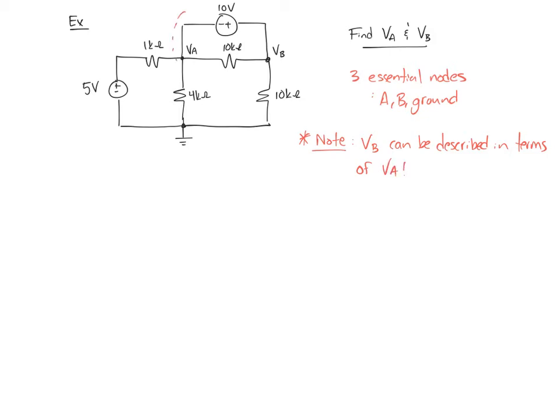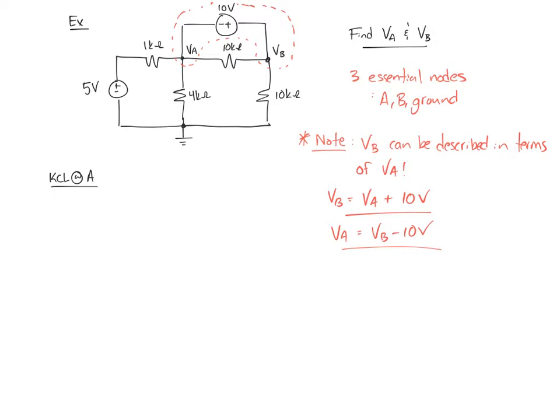And that's because of this relationship between VA and VB that is dictated by the connection between this 10-volt source. So we could write that VB is simply 10 volts higher than VA. VA plus 10 equals VB. Likewise, we could rewrite this as VA equals VB minus 10, whatever you prefer to do.